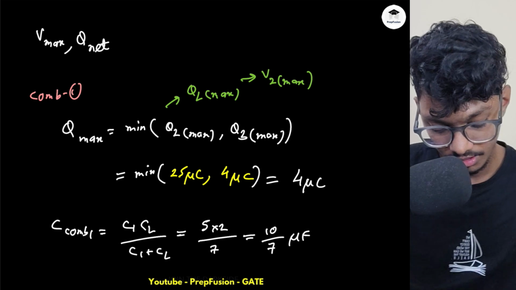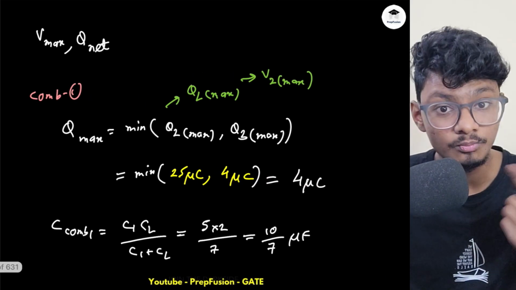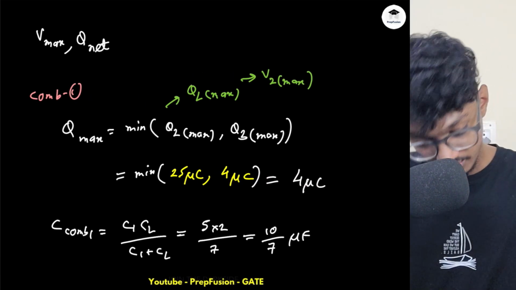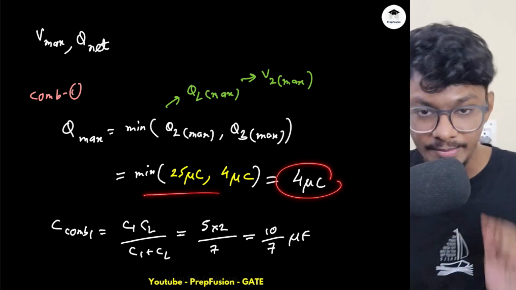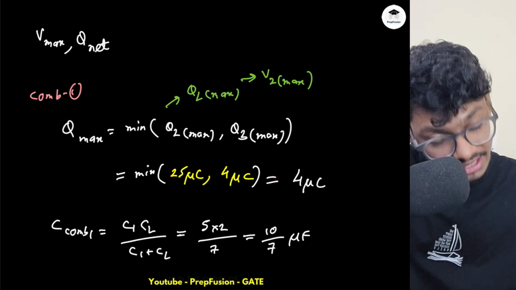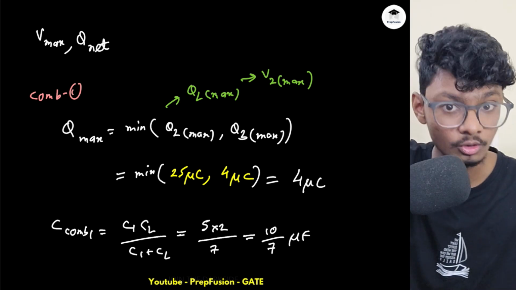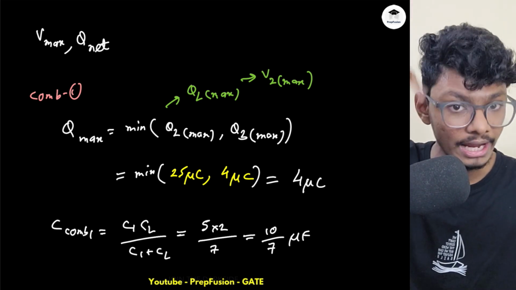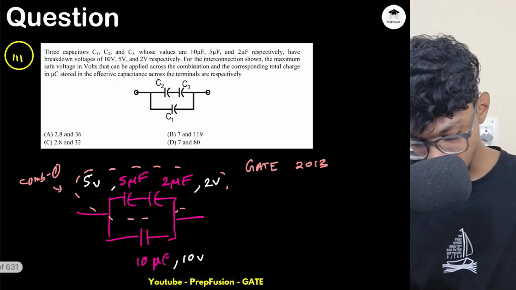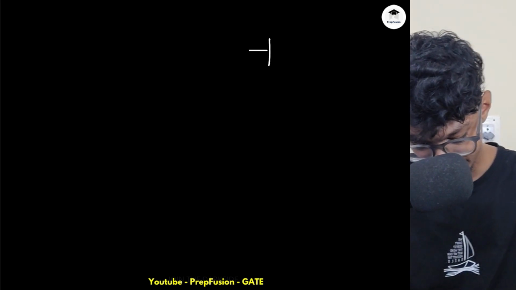Now they are asking what is the maximum potential I can apply. I will let combination 1 carry the maximum charge of 4 microcoulombs. For that charge, how much potential will I get? Why am I concerned about potential? Because I want to consider this case.